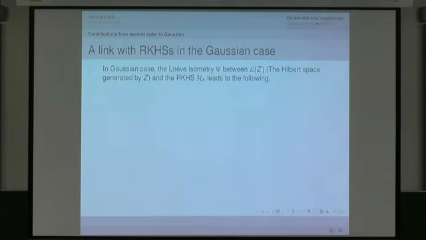So if it's Gaussian, then there is a powerful isometry called the Loève isometry that tells us, and here you have to believe me if you don't know the notions, because we don't have time to introduce everything, that there is an isometry between the Hilbert space generated by the Gaussian process, which is the closure of linear combinations of the field pointwise at points, and the reproducing kernel Hilbert space associated with the covariance kernel.